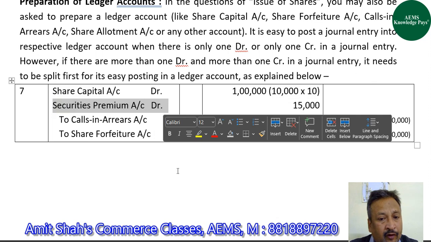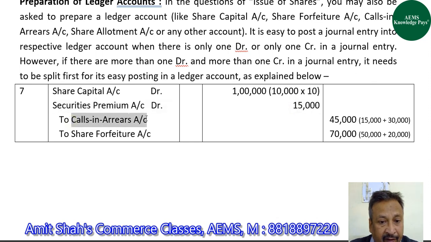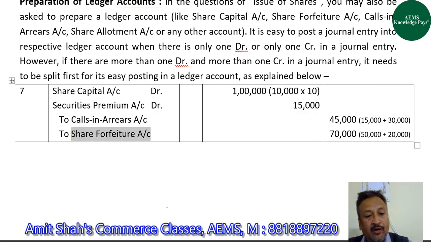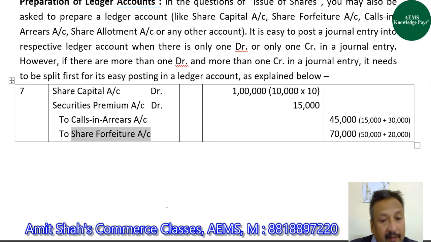This we have debited for what? For the amount of premium which we have not received. This we have credited for what? For the total amount which we demanded but not received. And this we have credited for what? For the amount that we have adjusted towards face value out of total amount received.